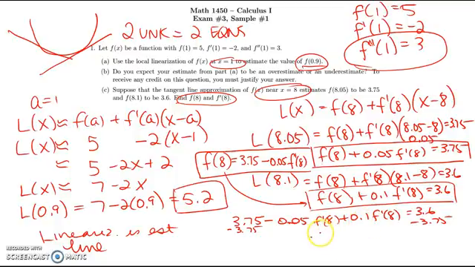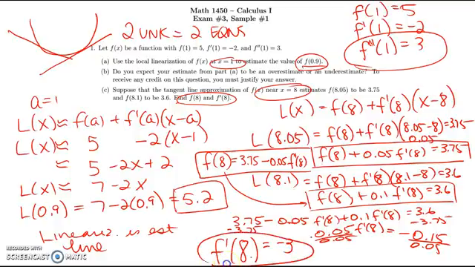So it'll be 0.05 f prime of 8 equals negative 0.15. I'll divide both sides, and I'll double check with my calculator that negative 0.15 divided by 0.05 is equal to negative 3. So that means f prime of 8 equals negative 3.